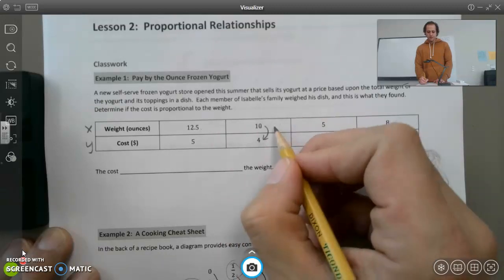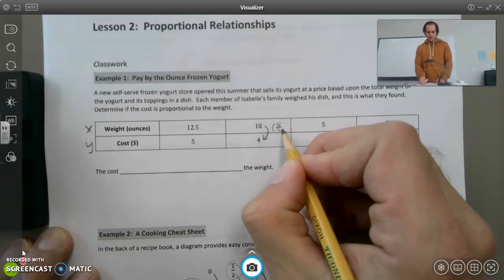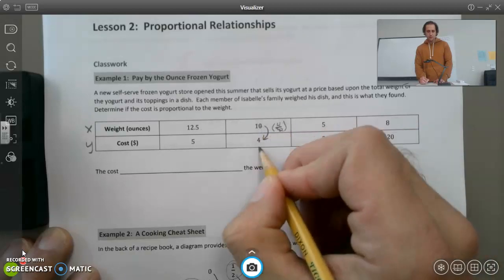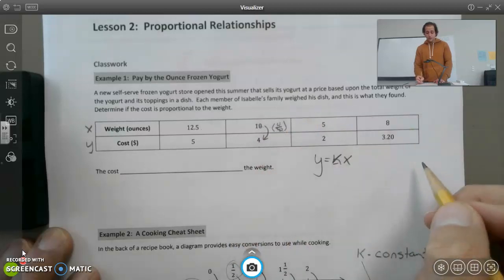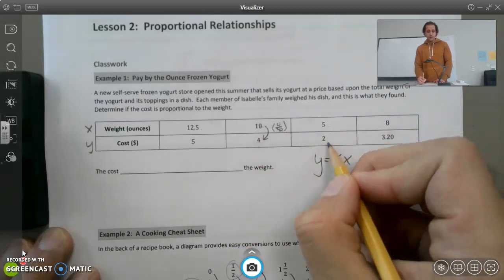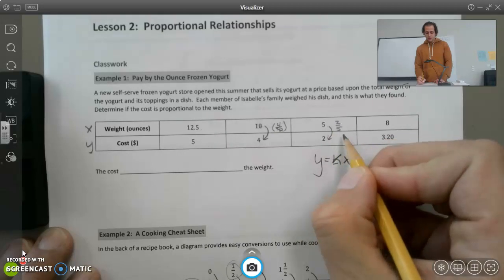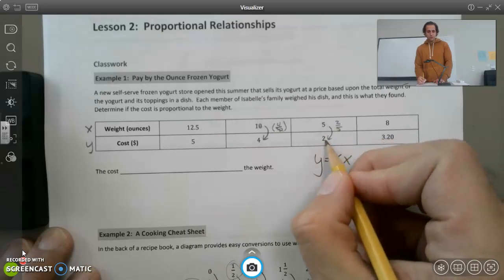Well, if I multiply 10 times 4/10, these cancel, and then I'm left with 4. So 10 times 4/10, that works. How about going from 5 to 2? Well, if I multiply by 2/5, 5 times 2/5, the 5's cancel, and I'm left with 2.